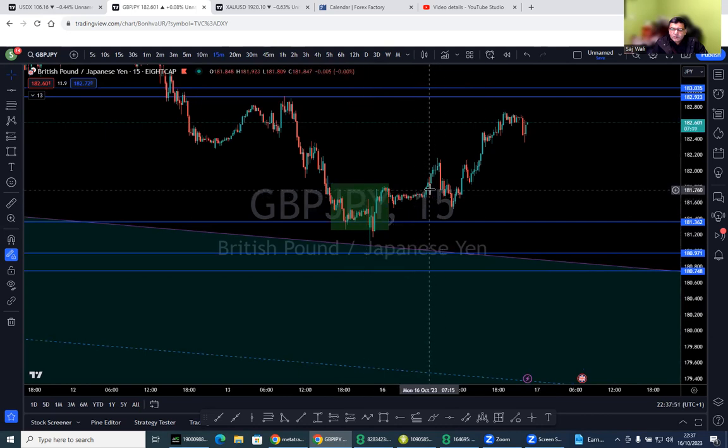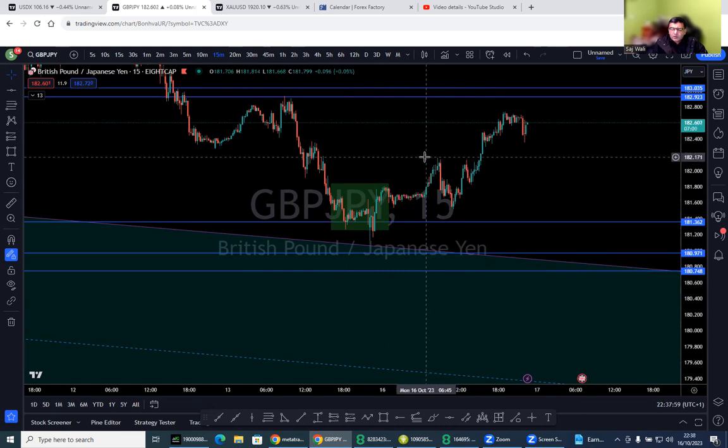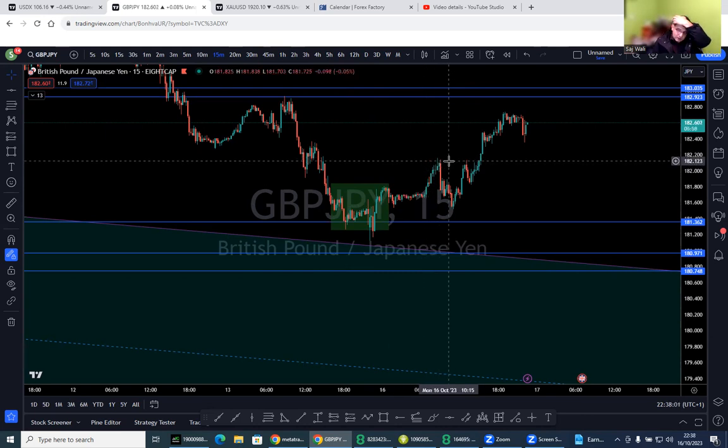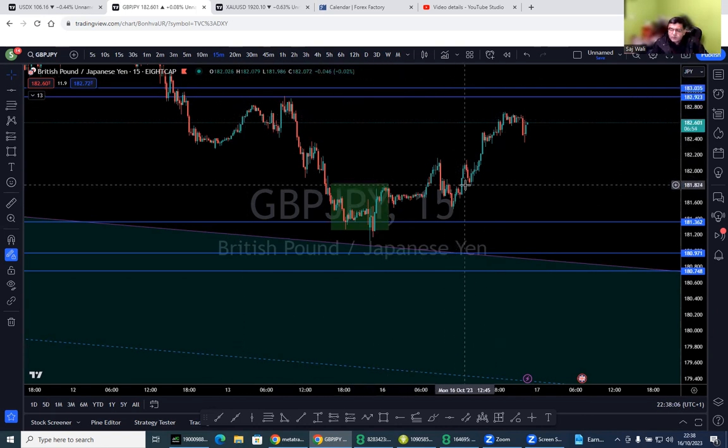So the trade here on this bullish candle and take profit here. So there are multiple trades in GBP JPY if you go into a smaller time frame.